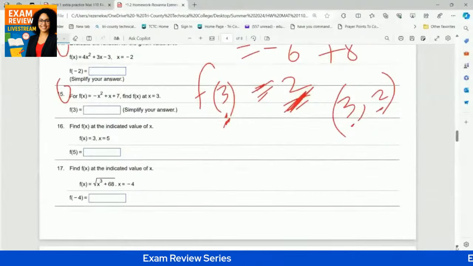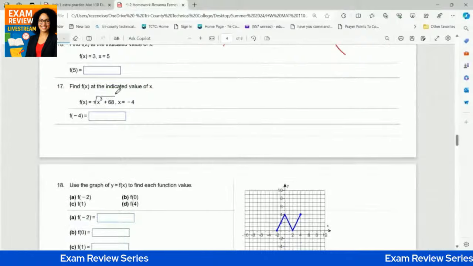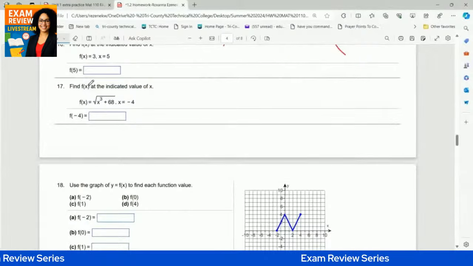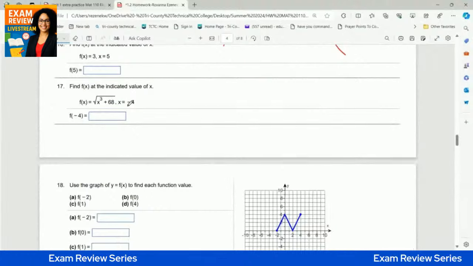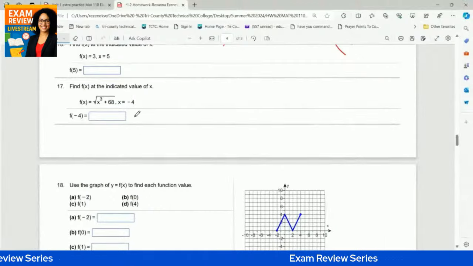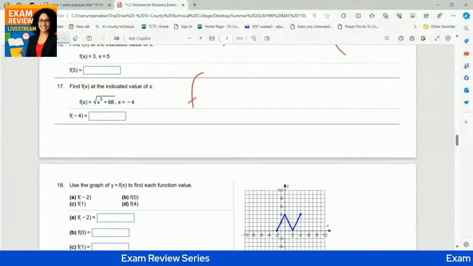And for something like this, you can actually use your calculator again. It says find f of x at the indicated value, the same thing. All right, so I can go back and say f of negative 4, I'm already given the function.